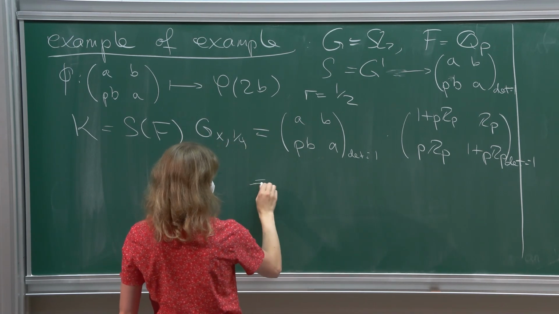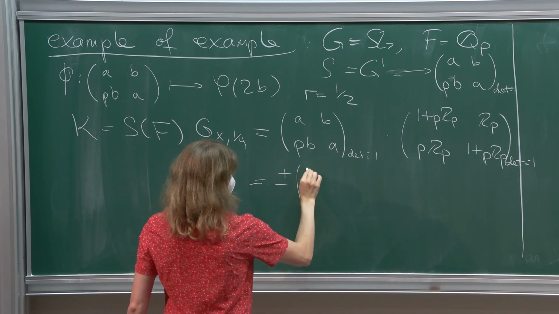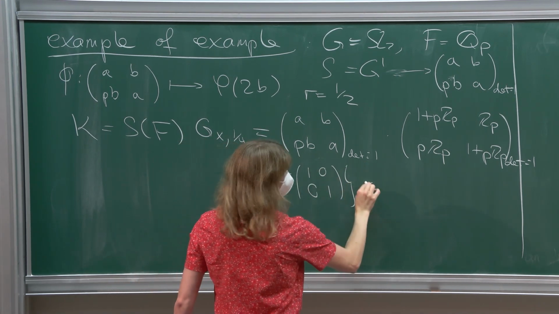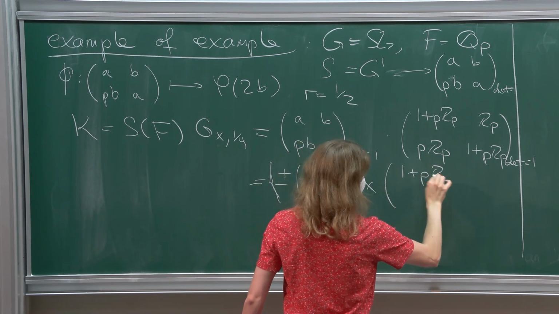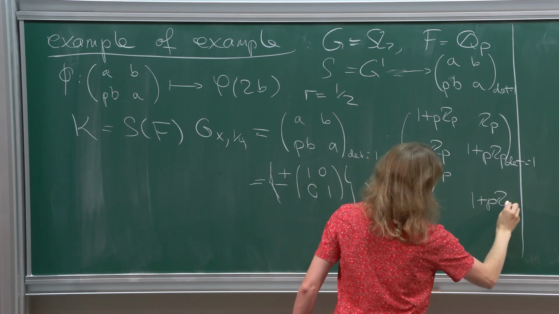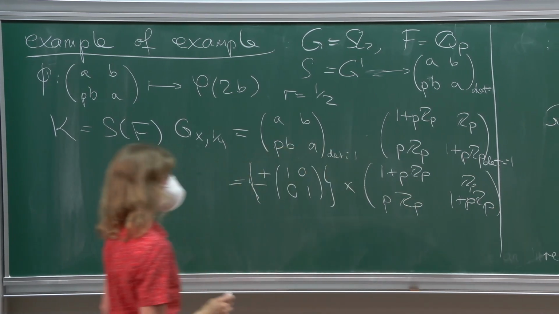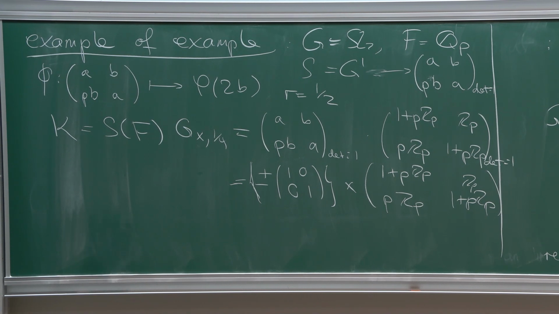This is actually just equal to plus or minus the identity times this subgroup here. So this is what this group is.